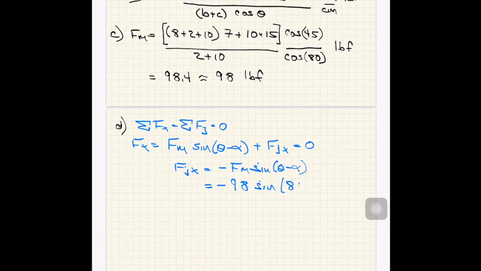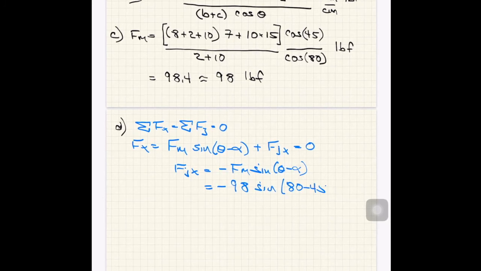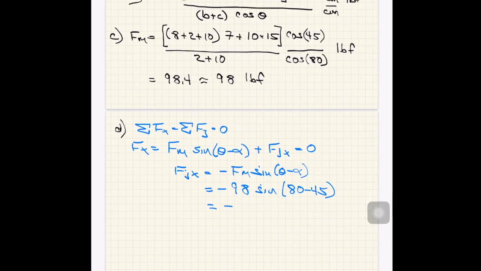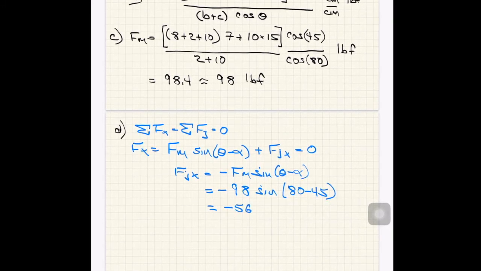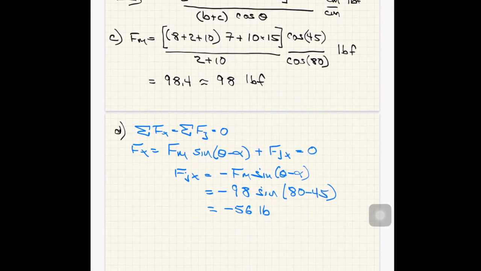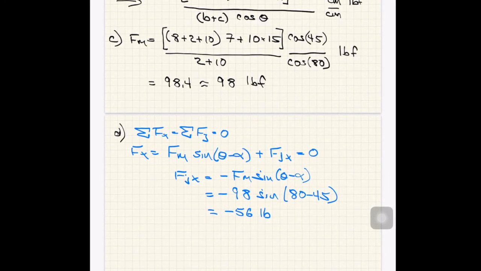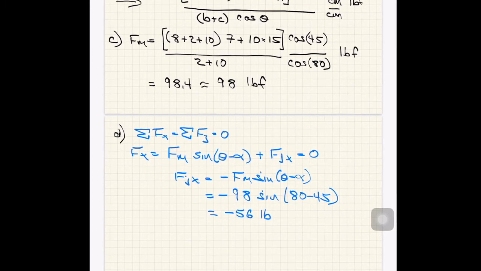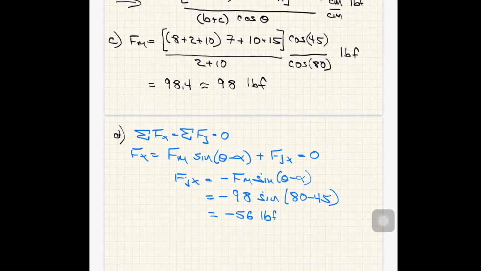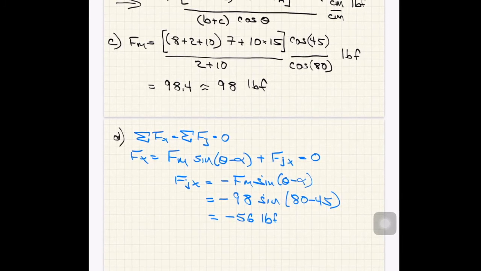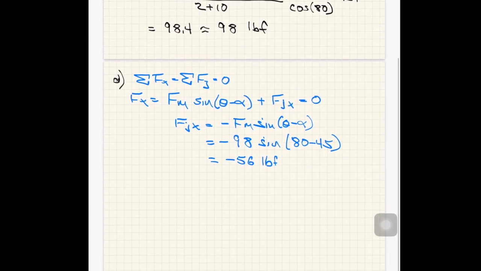We look at 80 minus 45 degrees, and we can plug the numbers into that, and we'll get a number of minus 56 pounds. And again, the units here are quite straightforward because there's only units of force or weight involved, and so we can assume that there's nothing to change those units. So it's a pretty easy unit conversion to do here. So that's F of x.